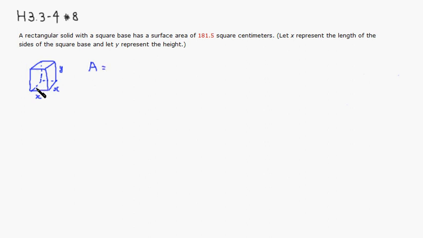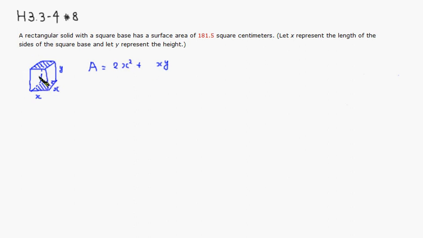So the bottom has x times x, so x squared, and the top is also x squared, so you have two of them. So you have 2x squared, right? Then the side wall is x by y, so you have x times y, and there are four of them.